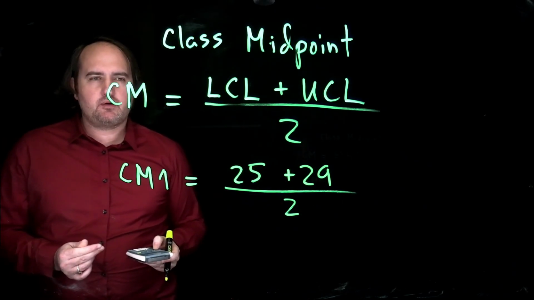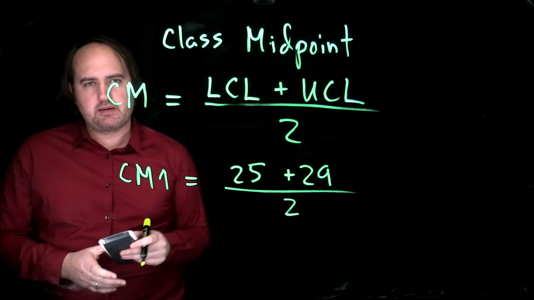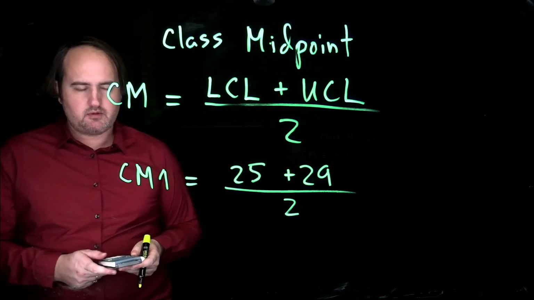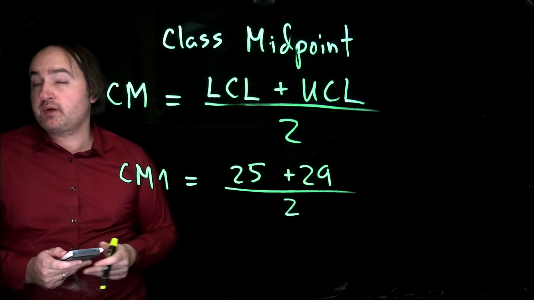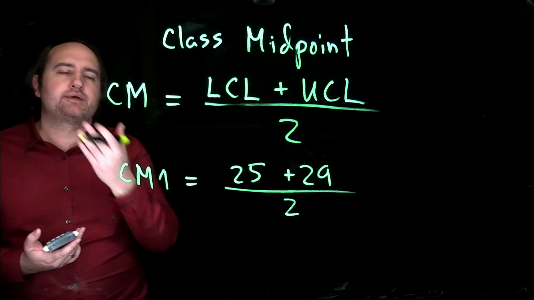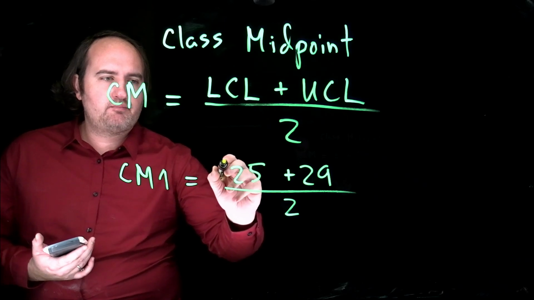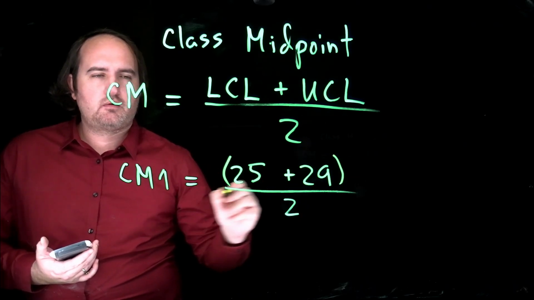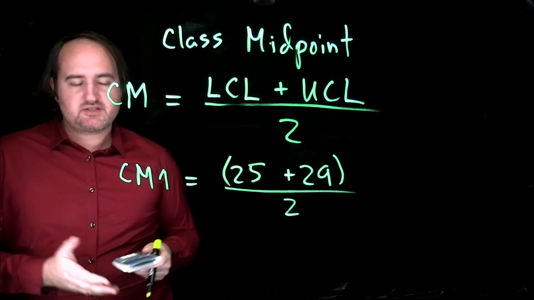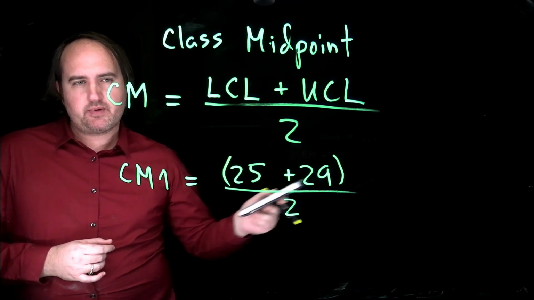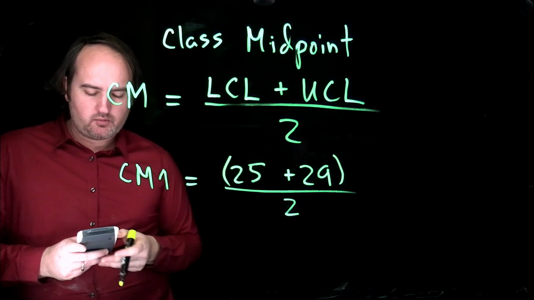So on a calculator, make sure you do the addition first, and then you divide by 2. If you want to type it in all at once, the calculator may give you the wrong answer. So if you wanted to type it in all at once, you would have to put parentheses around the numerator. And some calculators don't even have a parentheses button. But yeah, that's how you would type it in all at once.